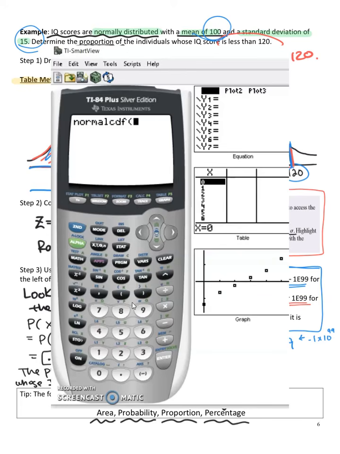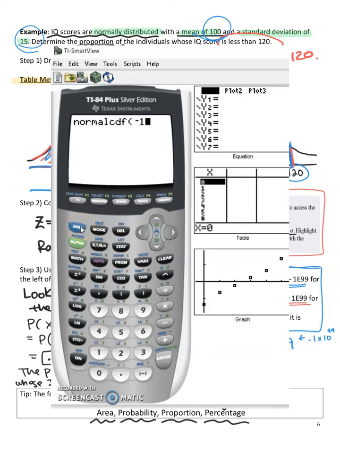The lower bound is negative 1E99 for this one. So first you press the negative sign, which is right here inside the parentheses. Do not use the subtraction sign, which is here. You have to use this negative sign right here. Then type 1, and then E, the scientific notation.